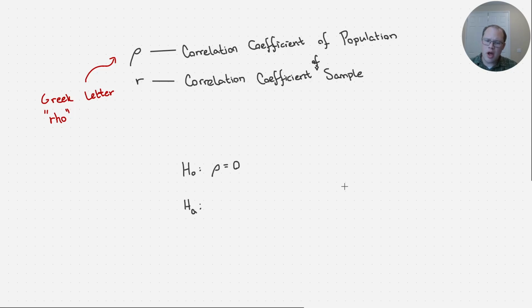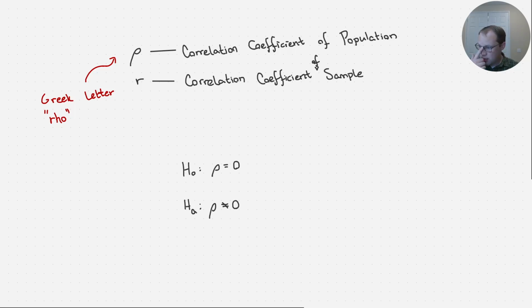So our null hypothesis is that in the population there's no correlation. The alternative hypothesis is that there is some linear correlation. If rho is anything other than 0, there is at least some degree of linear correlation. So those are always going to be our hypotheses when testing the correlation coefficient.